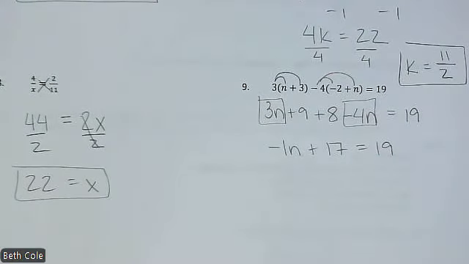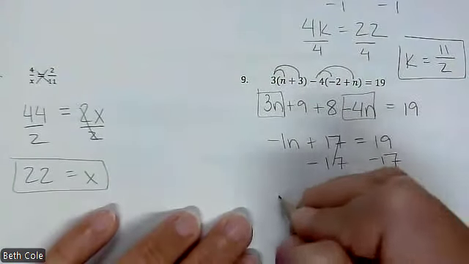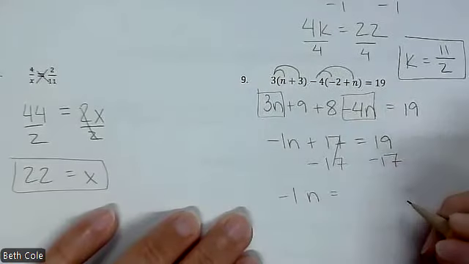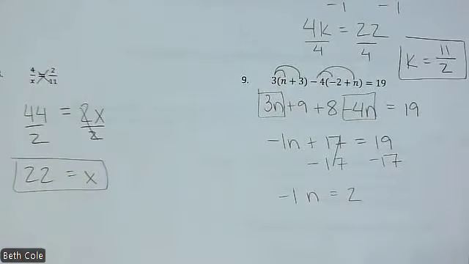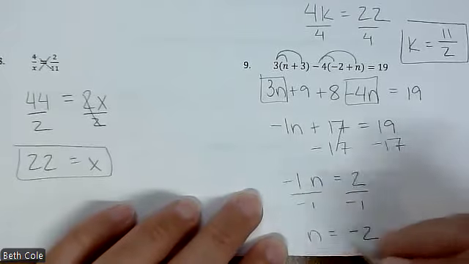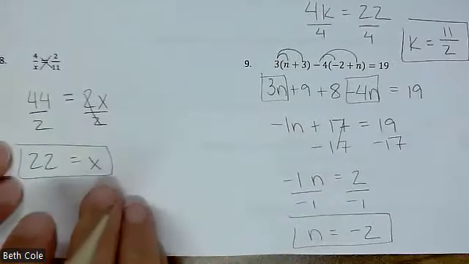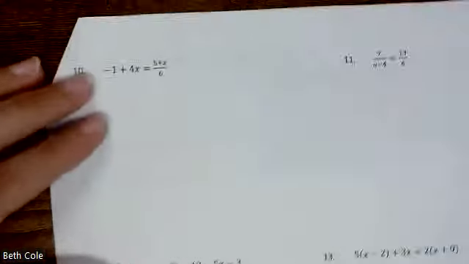We're almost there. Minus 17. So we get negative 1n equals 2. And you're not done yet. So what is it? That was n equals negative 2.